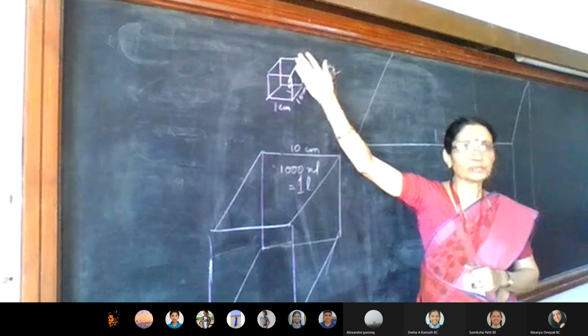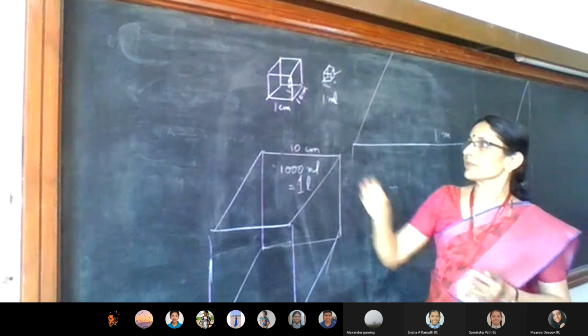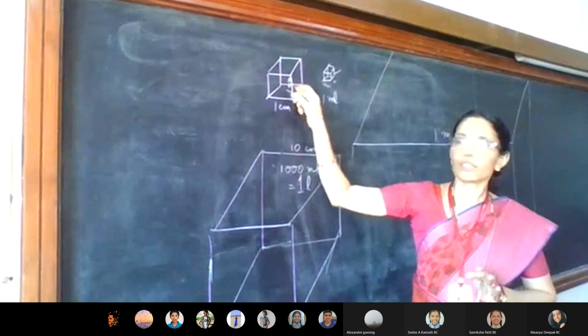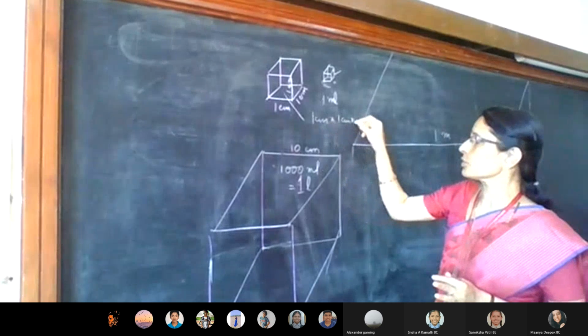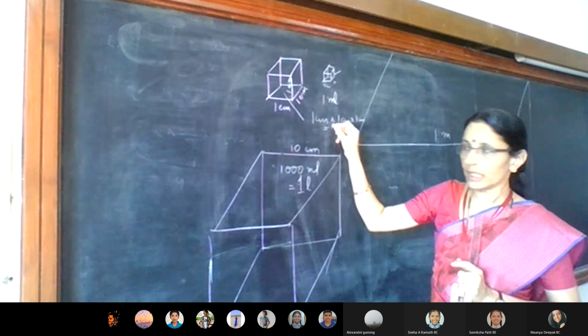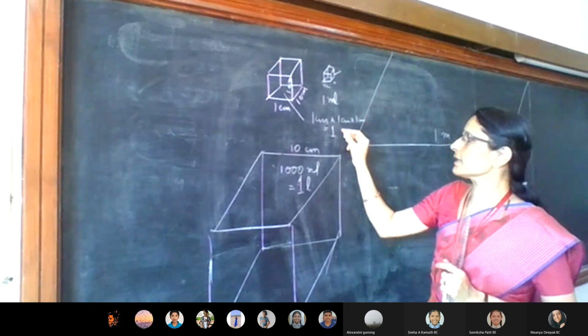What is its volume? 1 cubic centimeter. When I speak of volume, there is air before I fill liquid. So it is 1 centimeter into 1 centimeter into 1 centimeter: cubic centimeter.